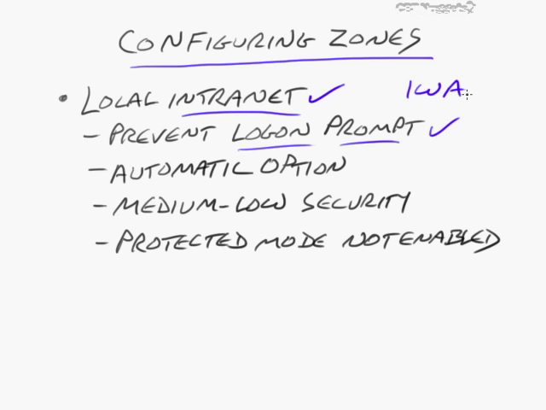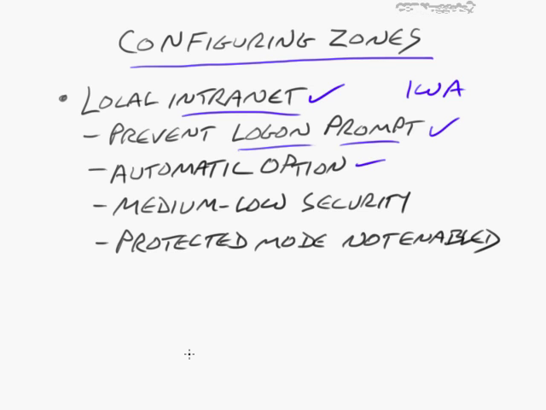However, if it's not part of your local intranet, then you're going to get a prompt for it every time, and that can be annoying for the users. And it really probably shouldn't have to be, especially since it's the local intranet and should generally be considered fairly secure. So by adding your actual intranet web server to the local intranet, that logon prompt should no longer appear, and you should be able to breeze right through.